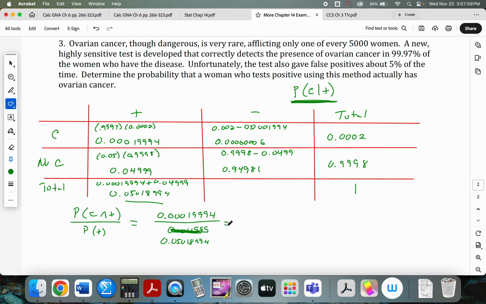There we go. That comes out to be 0.00398. So about 0.4% of the time.